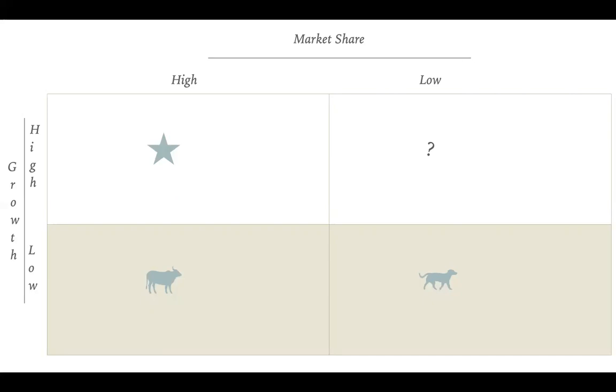If the product falls in the quadrant where both are high, then it is the star. If it falls in the quadrant where the growth is high but the market share is low, then it's the question mark.